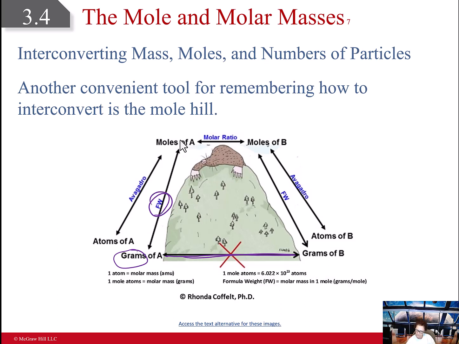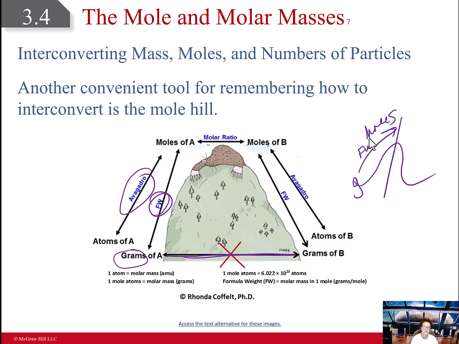If you go from moles back to atoms, you use Avogadro's number. Whether you're going up the hill or down the hill, you use those same numbers. A lot of times when I'm working a problem, I'll do this: I'm going grams to moles, so that's going to be formula weight. It's just a little thing to help you remember.